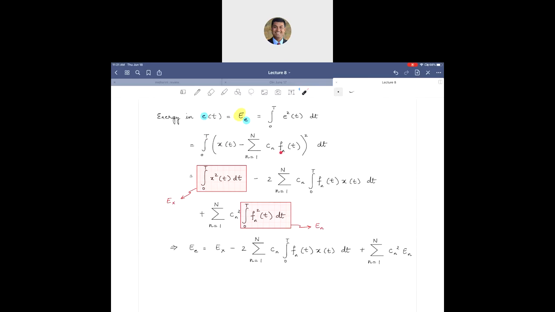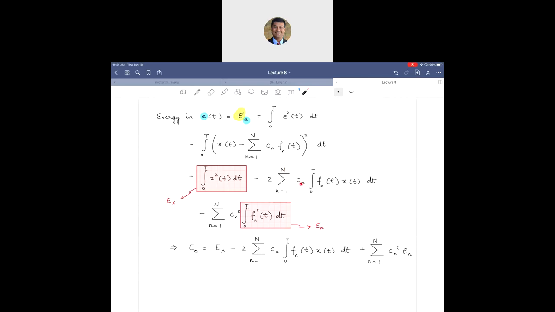You expand that square term, you get the integral from 0 to T of x squared of t dt, the first term squared, that we are going to define as the energy in the signal x of t. That is the exact representation of the signal x of t. So that is E sub x. The second term here is negative 2 times the summation, and the summation is with respect to small n.